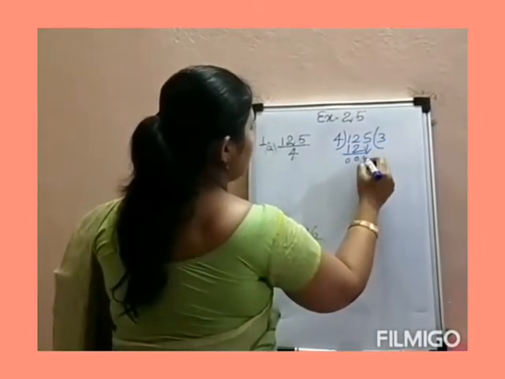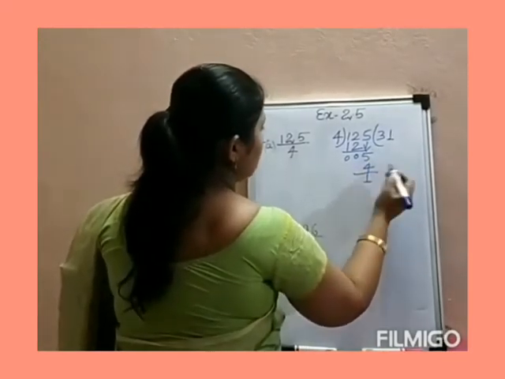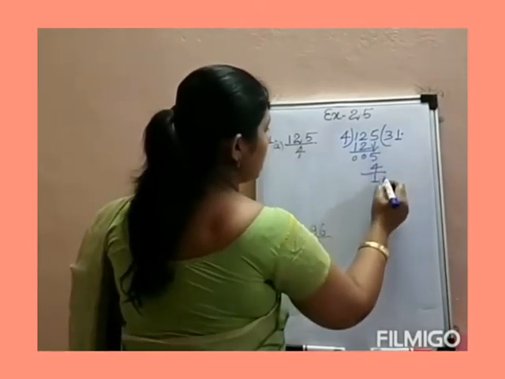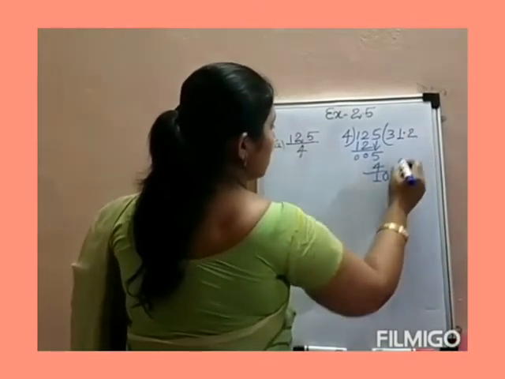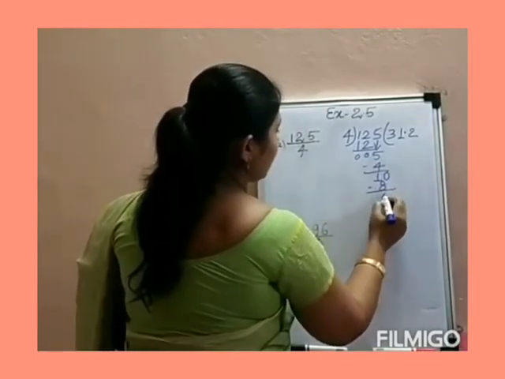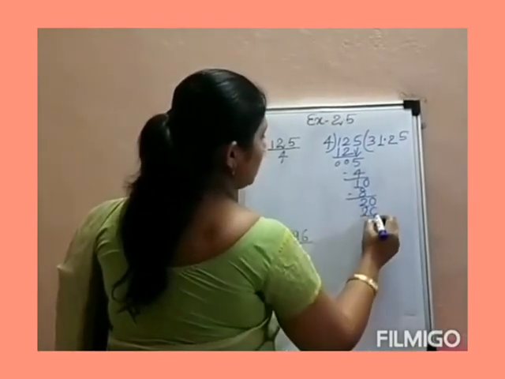Next number is 5. 4 1s are 4. 1 is not divisible by 4, so put a 0 here, put a decimal here and 0. 4 2s are 8. 10 minus 8 is 2, 0. 4 5s are 20.